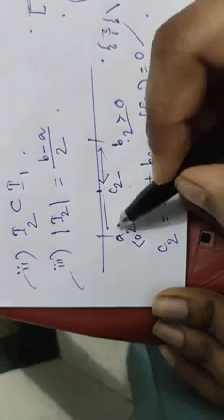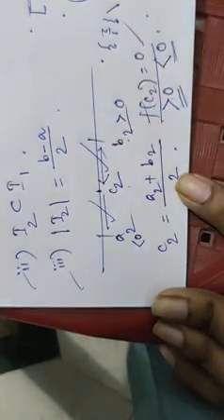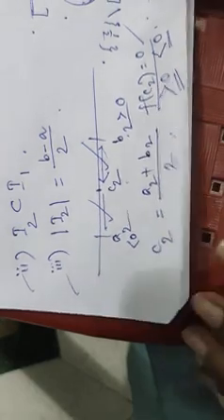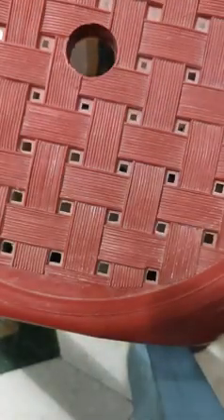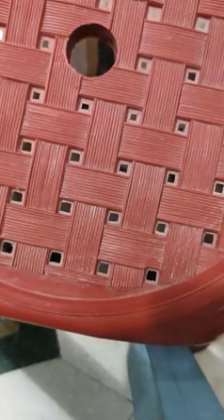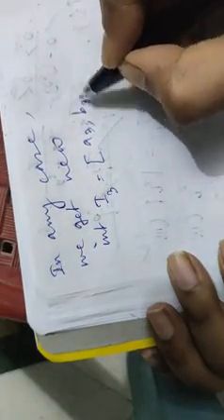So in any case we will choose either this interval or this interval and rename it as A3 comma B3. So in the next line we are writing: in any case we get new interval I3 equals A3 comma B3.